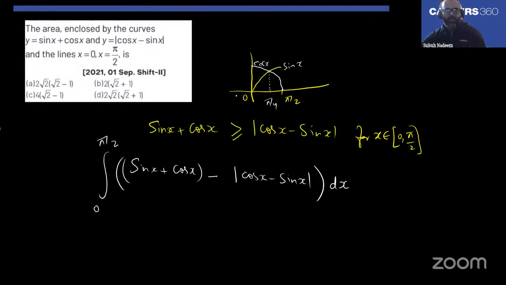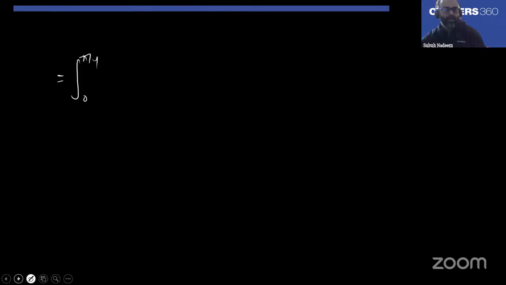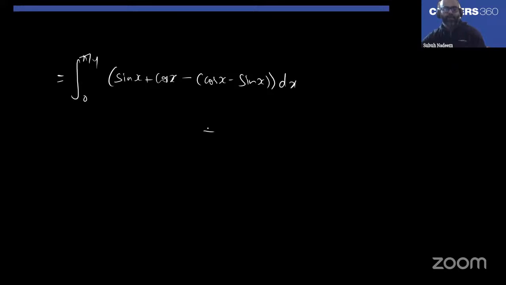So we will write it from 0 to pi by 4, and from 0 to pi by 4 cos x is greater than sin x. So this mod will become positive. So cos x minus sin x will be the positive term between 0 to pi by 4. So we will write it as integral of sin x plus cos x minus cos x minus sin x, plus the integral from pi by 4 to pi by 2.